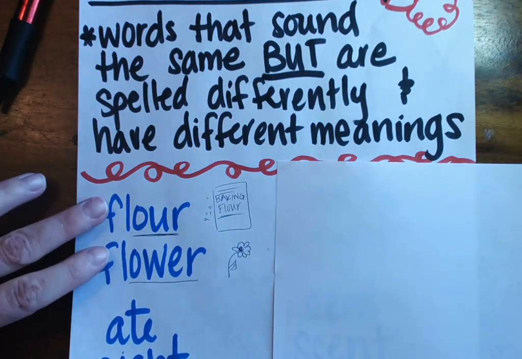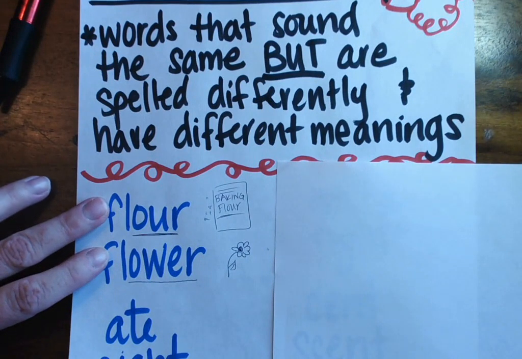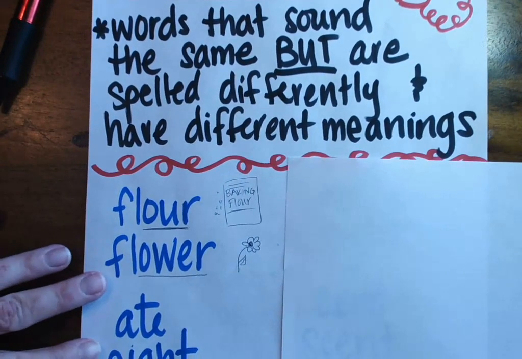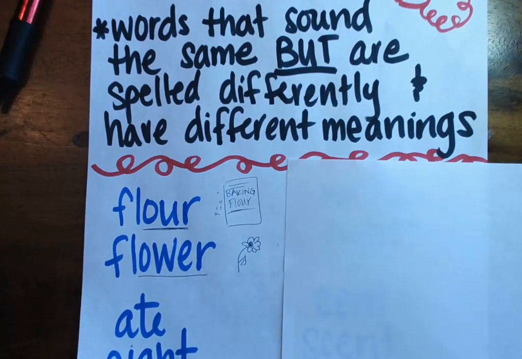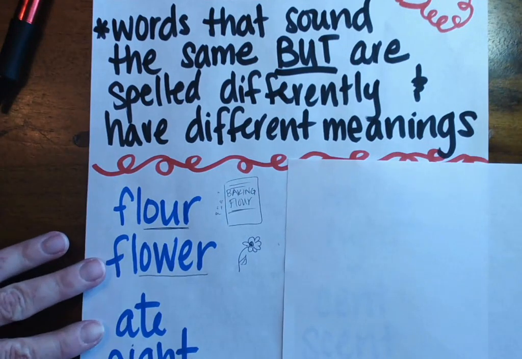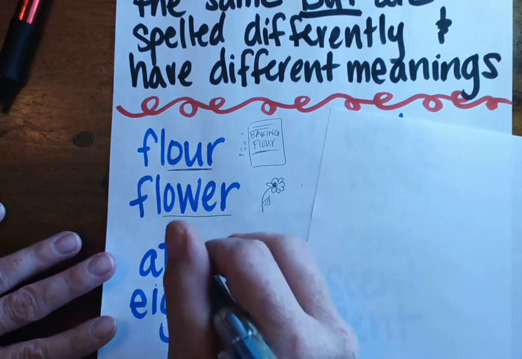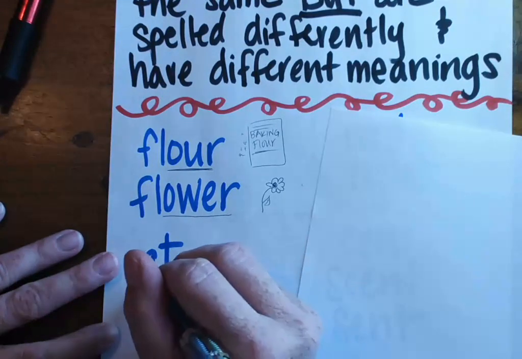And those are called homophones, again, because they sound exactly the same, but they're spelled differently and they have different meanings. Okay? What you can think in your head is sound the same, different spelling, different meaning. That's a really easy way to remember it. Sound the same, different spelling, different meaning. Another one that you're probably really familiar with is ate and eight.